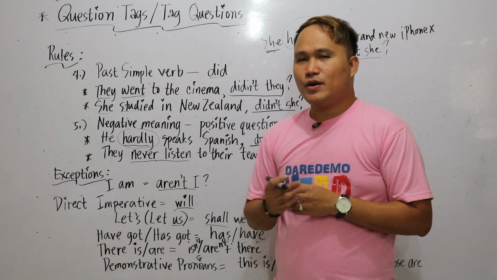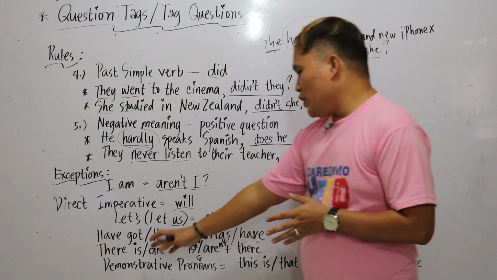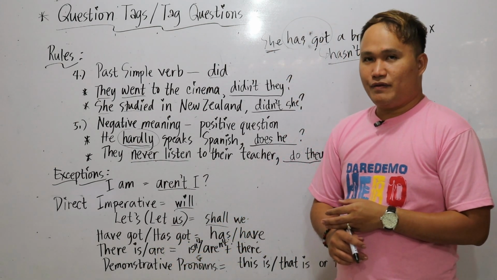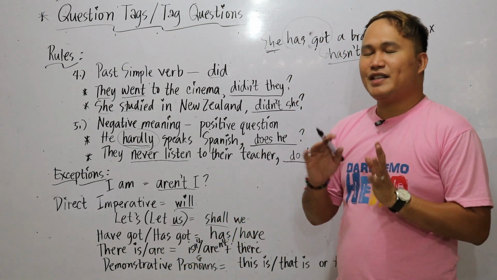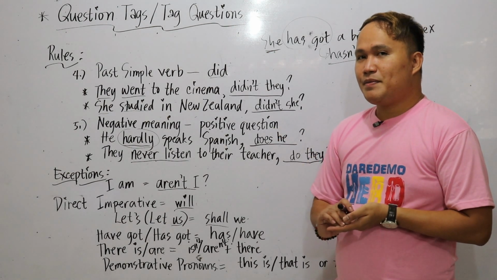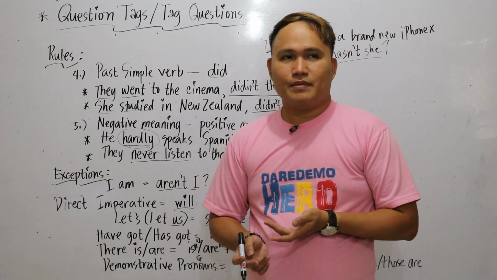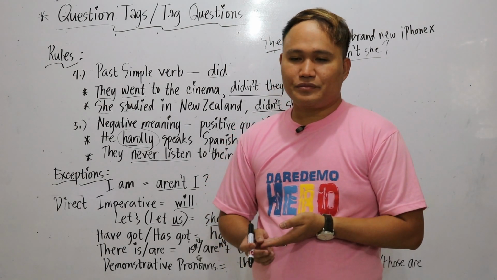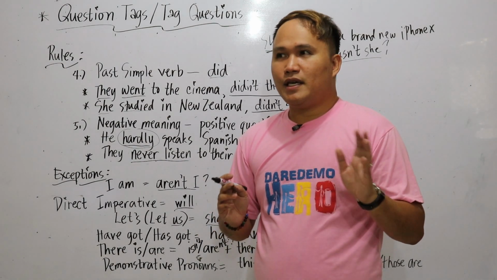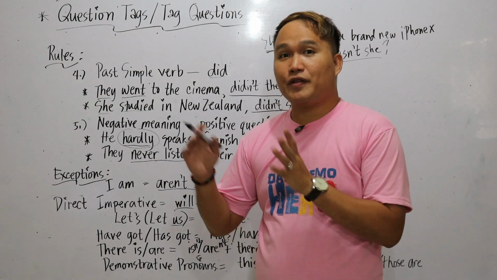So always remember, if we use there is or there are, our tag question should be in negative form: isn't there or aren't there. If the statement is in negative form, for example, there aren't many students enrolled in that school, are there?